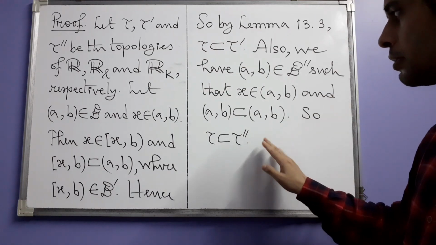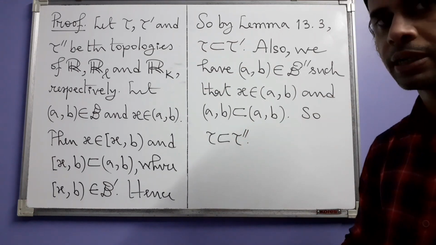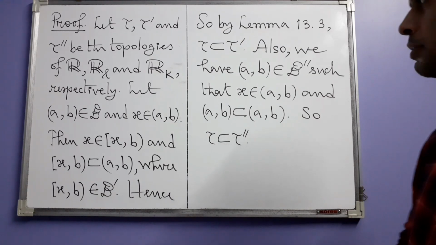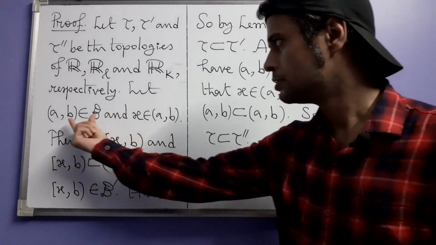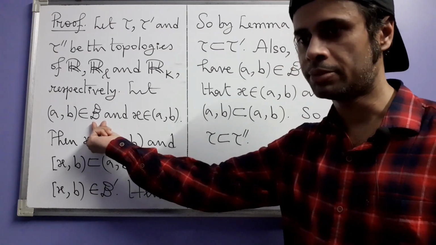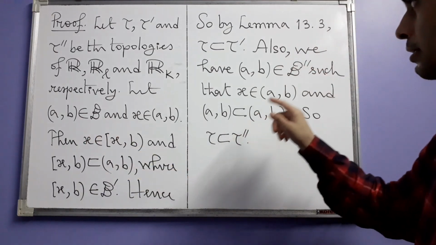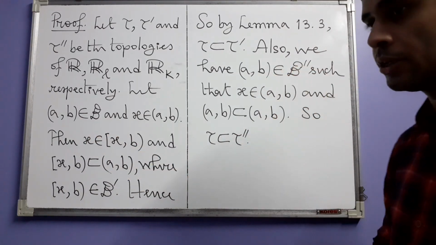And to see how the K topology is finer than the standard topology is even easier. Why? Because this basis element that you have in the basis of the standard topology is actually also a basis element in the K topology.